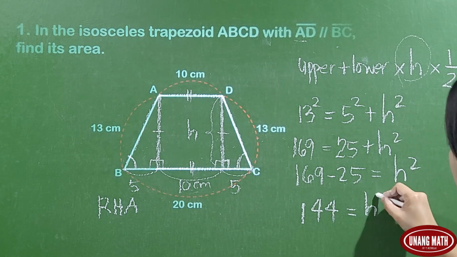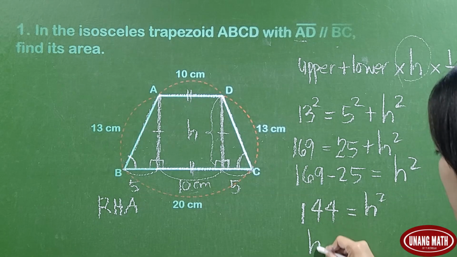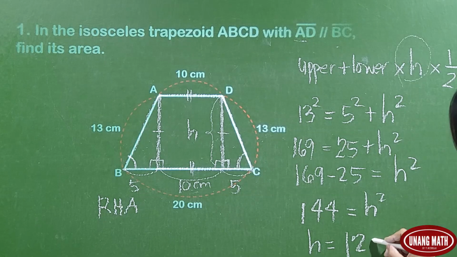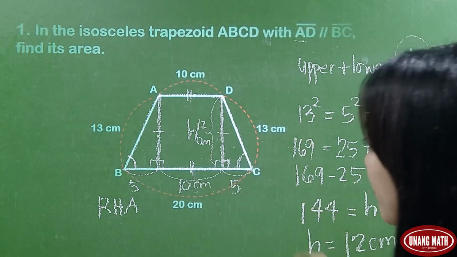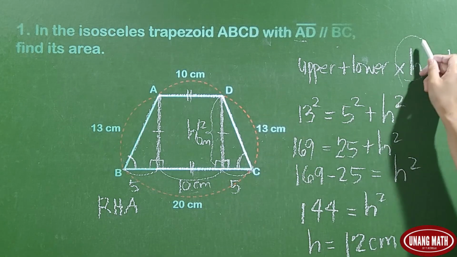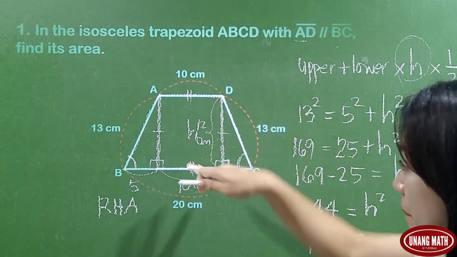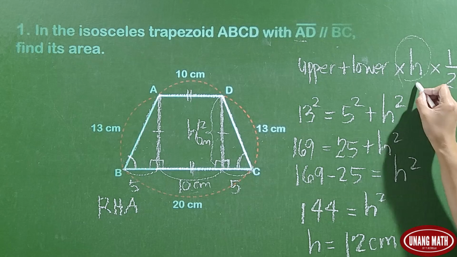So, the square root of 144 is 12. So, it means height is 12. So, this is 12 centimeters. So from this, we now know the height of this trapezoid, and that is 12 centimeters.